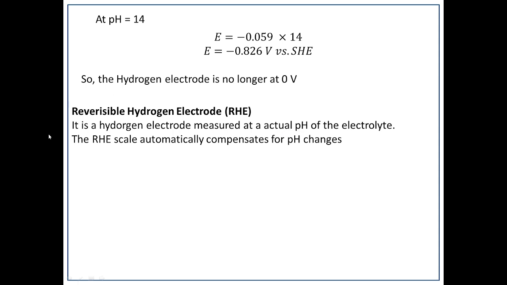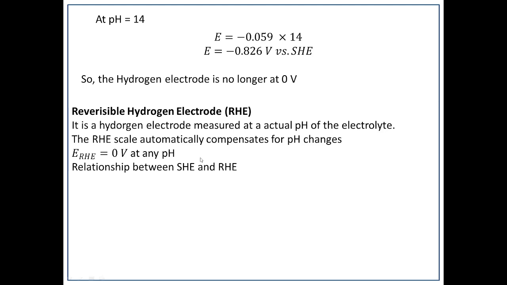So the RHE scale automatically compensates for pH changes. So the potential of the hydrogen electrode on the RHE scale is always 0 volt at any pH, because the potential of the hydrogen electrode is measured at the actual pH of the electrolyte.